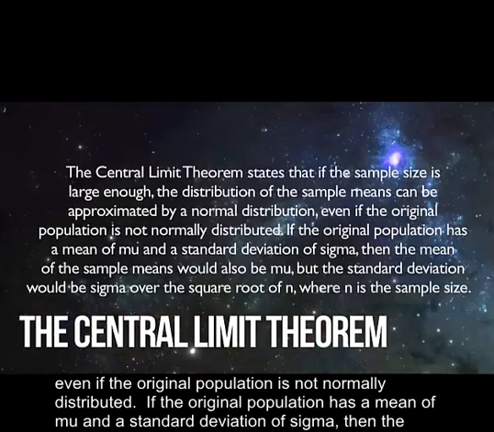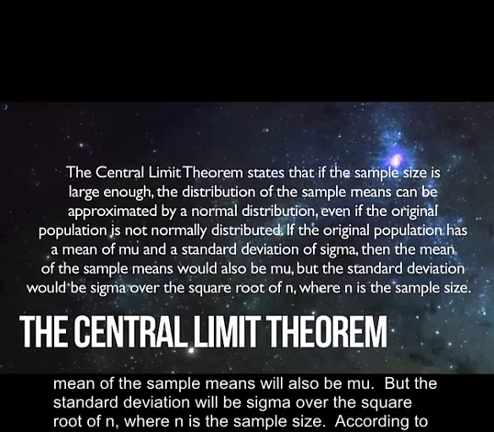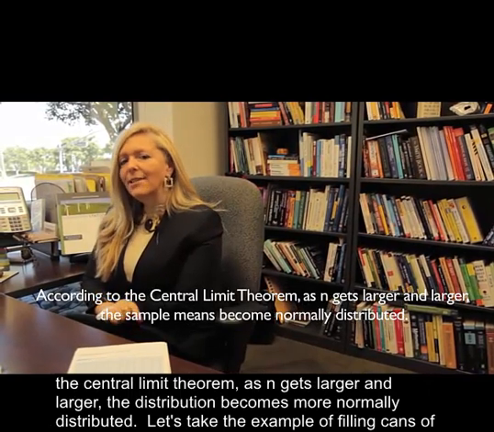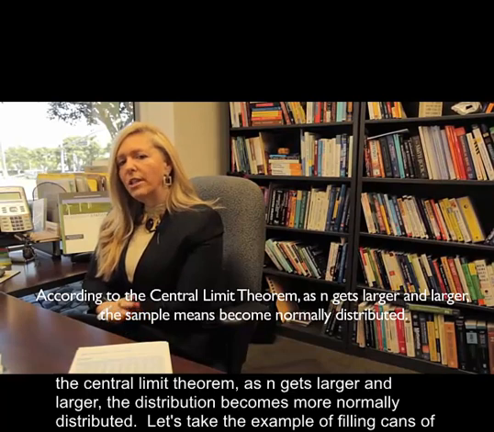If the original population has a mean of mu and a standard deviation of sigma, then the mean of the sample means will also be mu, but the standard deviation will be sigma over the square root of n, where n is the sample size. According to the central limit theorem, as n gets larger and larger, the distribution becomes more normally distributed.